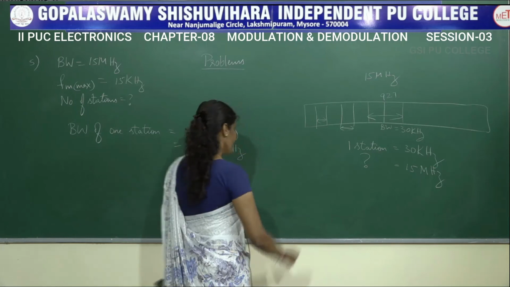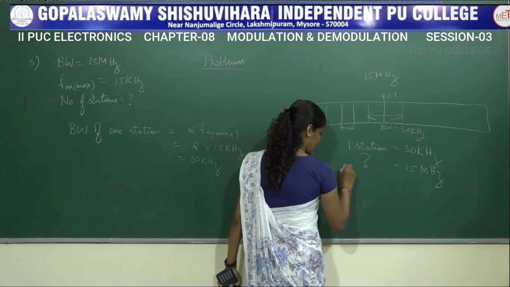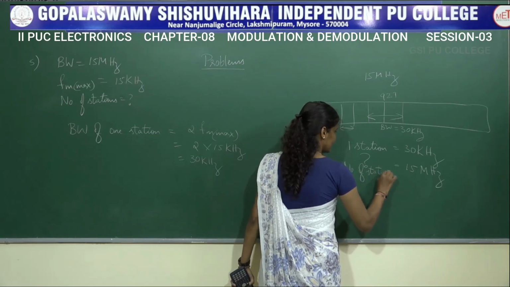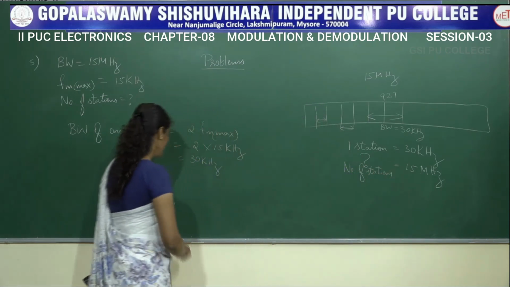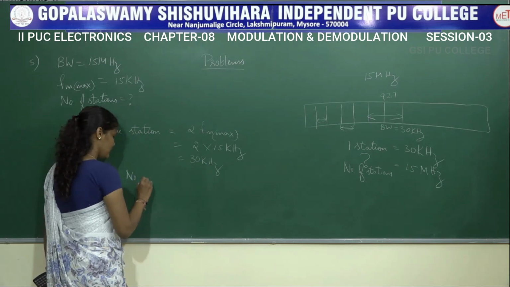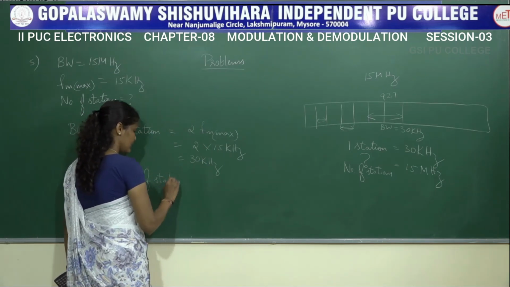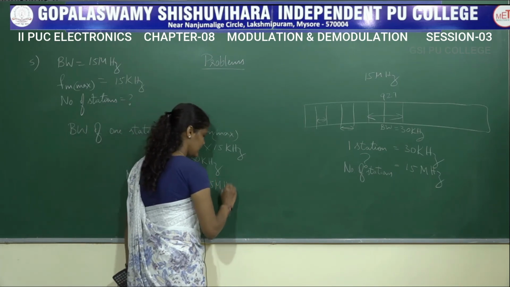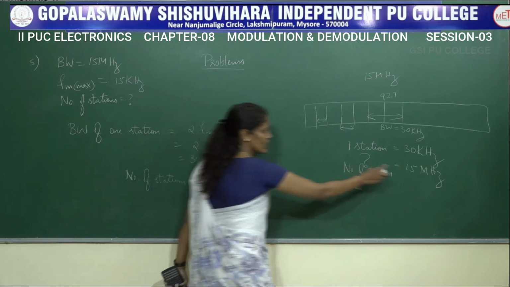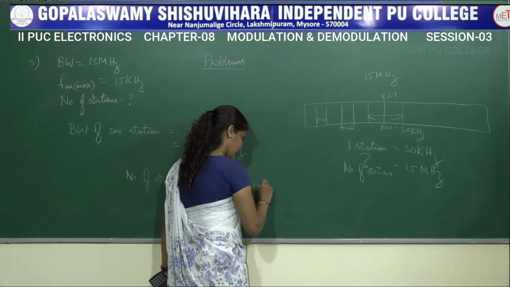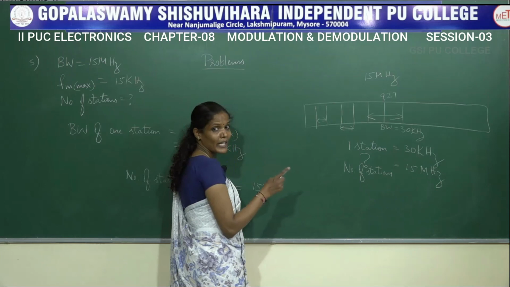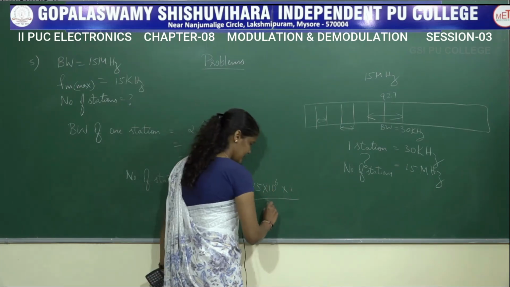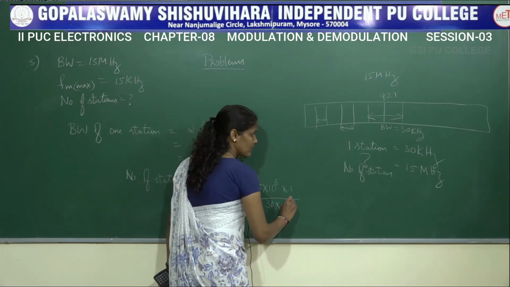Let me denote that as the number of stations itself. So what we are going to do? Number of stations for 15 megahertz is equal to 15 into 1 is 15 itself, 15 into 10 to the power of mega, it is 10 to the power of 6, into 1 divided by 30 into 10 to the power of 3.